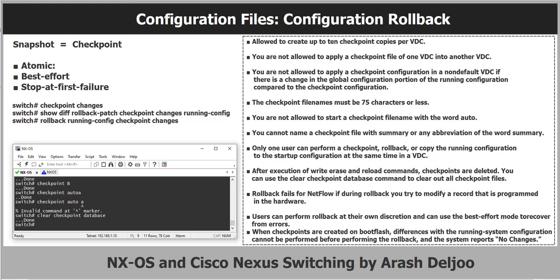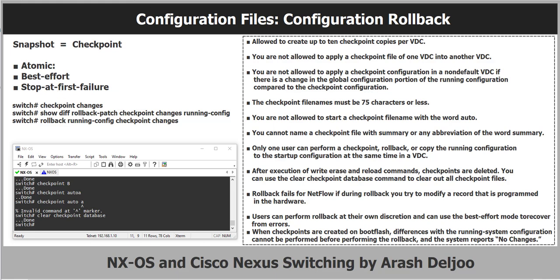Rollback fails for NetFlow if during rollback you try to modify a record that is programmed in the hardware. And after that, although rollback is not supported for checkpoints across software versions, users can perform rollback at their own discretion and can use the best effort mode to recover from errors. I explained it before, best effort.